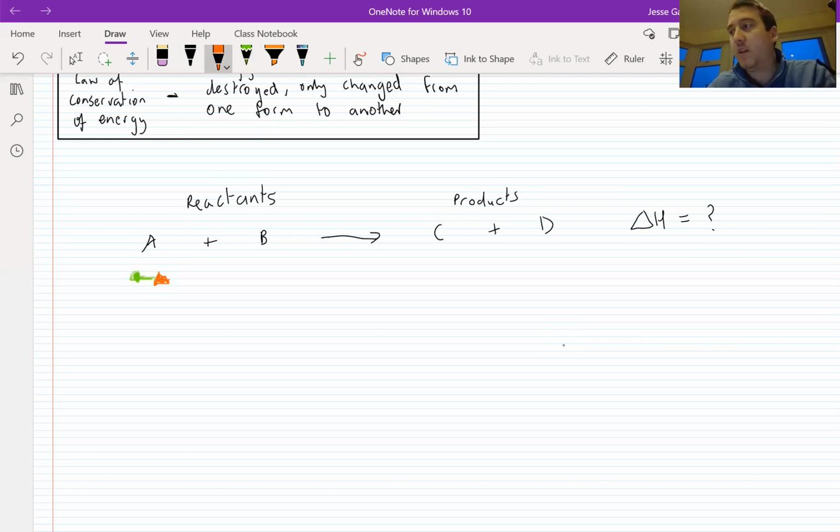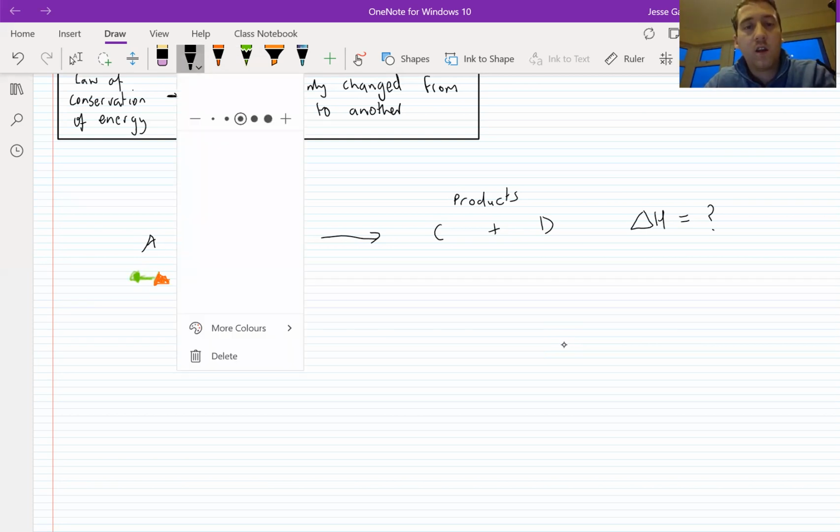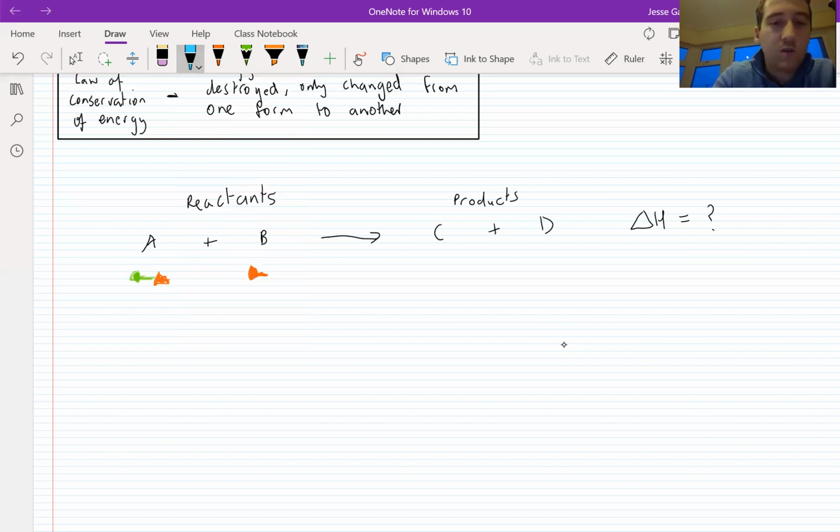Now, reactant B is made of an orange circle. So it's a different element again. I know it's orange, but it's a circle this time, so it's different from the one in A. And it's bonded to a blue triangle.